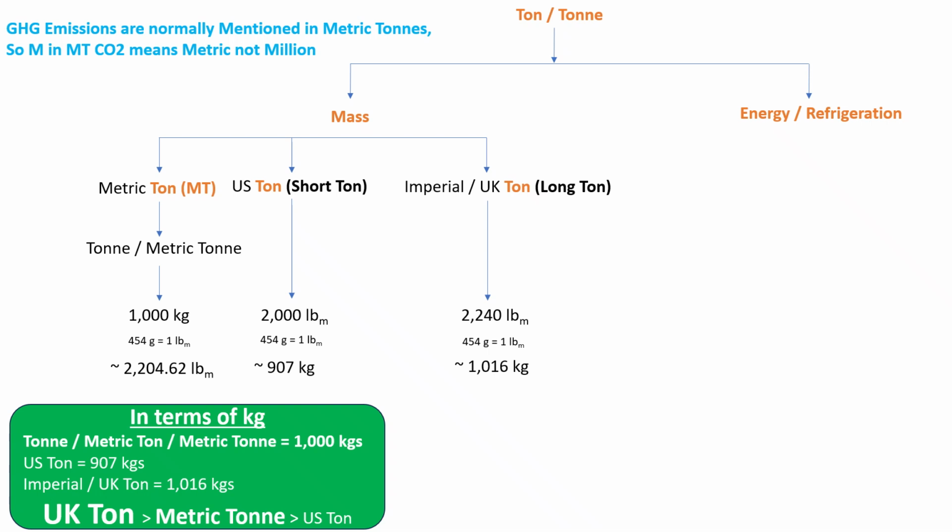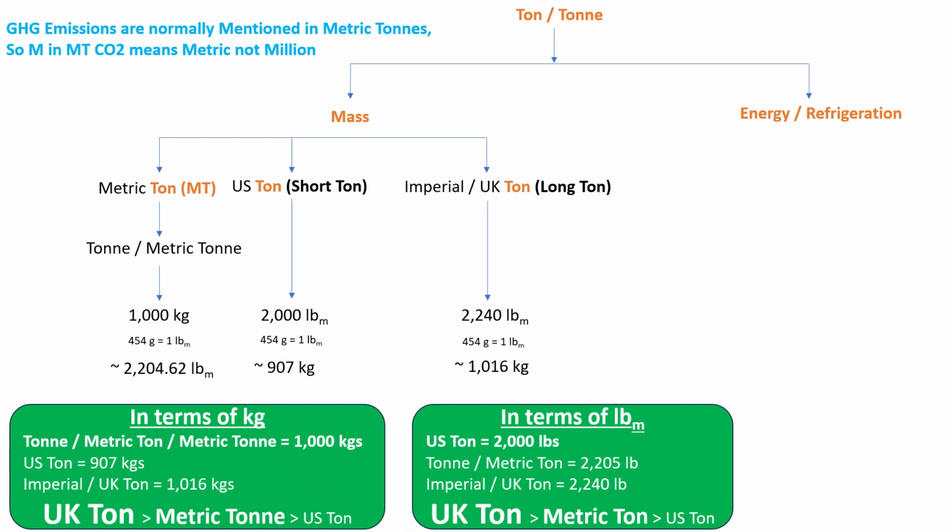And we can say that the UK ton is the biggest mass. Then comes the metric ton, and the US ton is the lowest mass of these three terms. And in terms of pound mass, we can also compare: US ton is 2000 pounds, metric ton is 2205, and the UK ton, which is the greatest, is 2240 pounds.